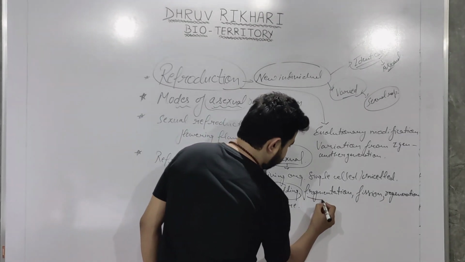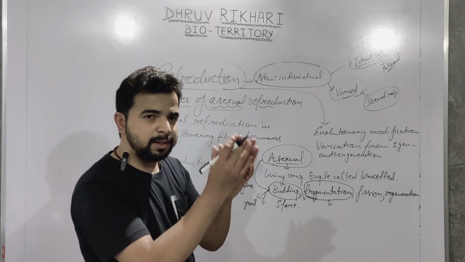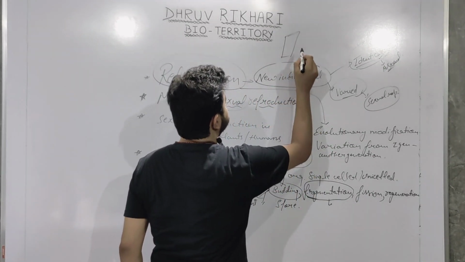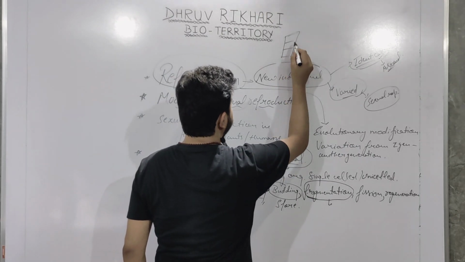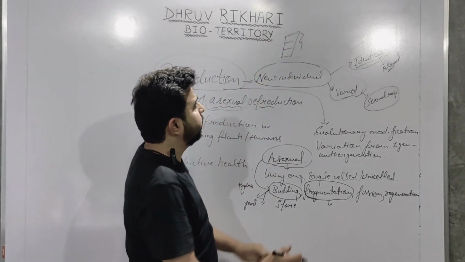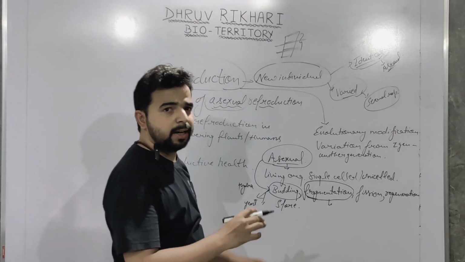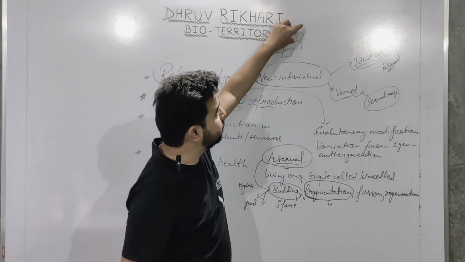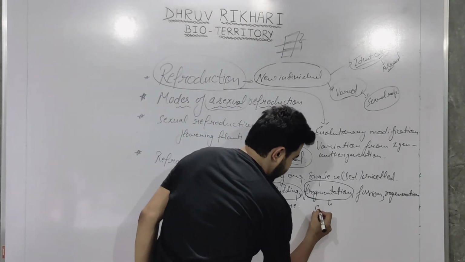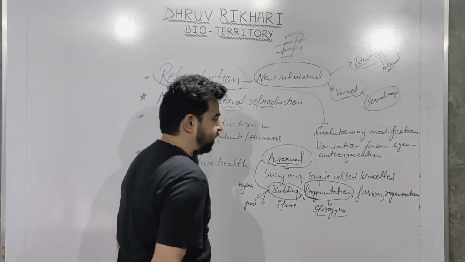Fragmentation takes place from a main parental body. The example is Spirogyra. The body is in a segmented form, and if we cut this whole body along different planes, each small fragment will grow into a new individual. This is the fragmentation method.